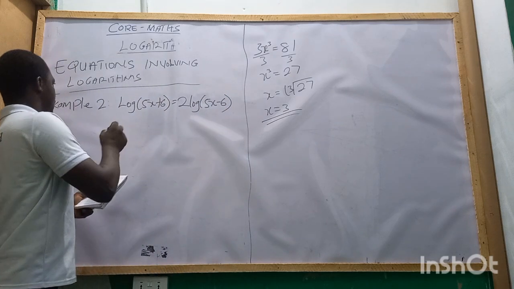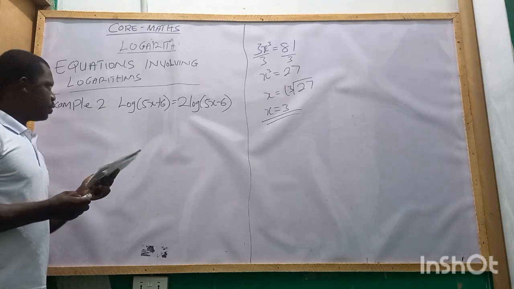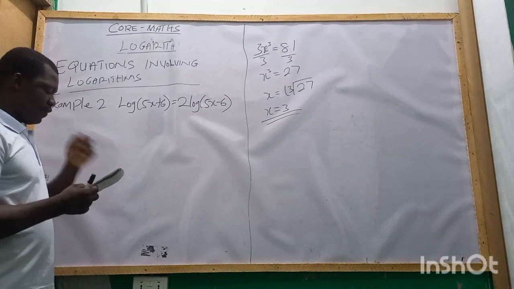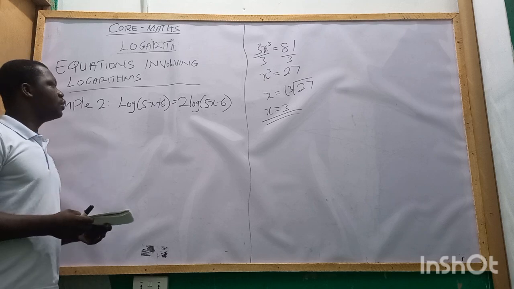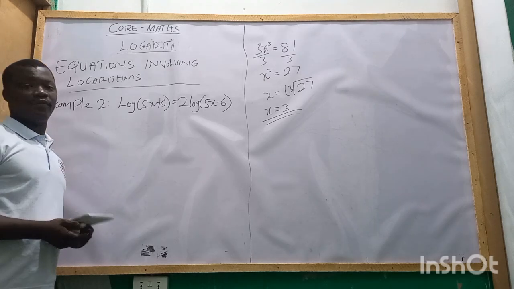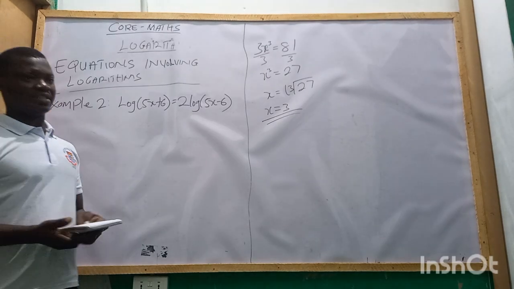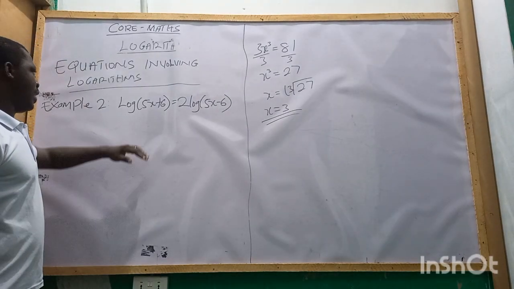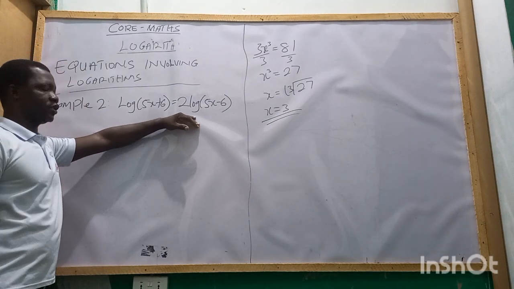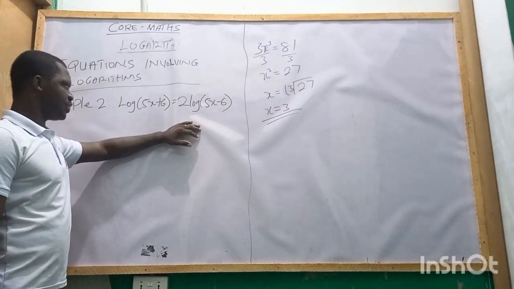So this is our example 2: log of (5x plus 6) equal to 2 log of (5x minus 6).